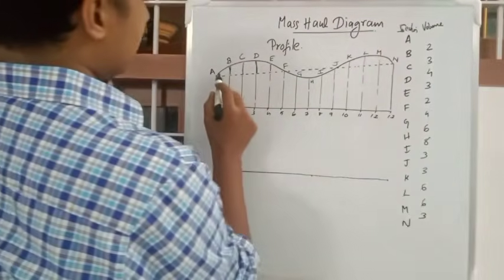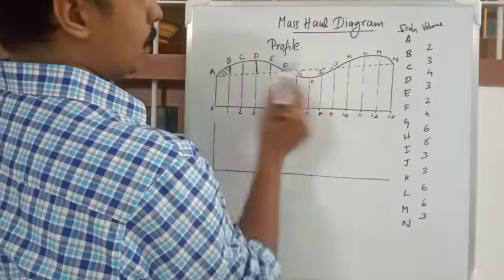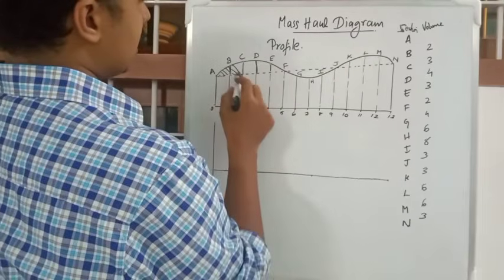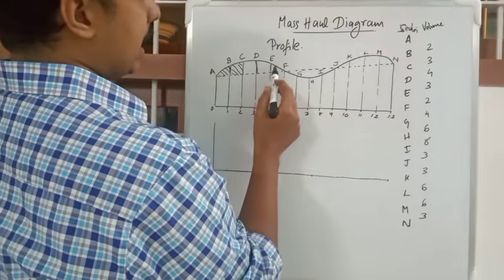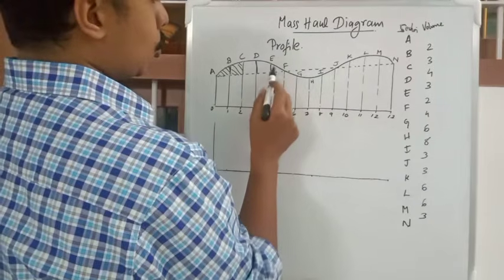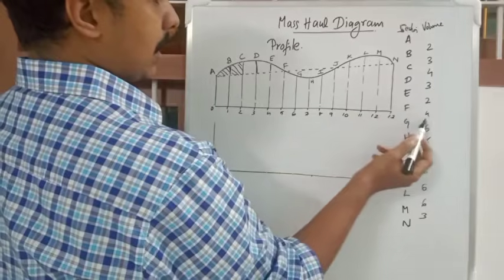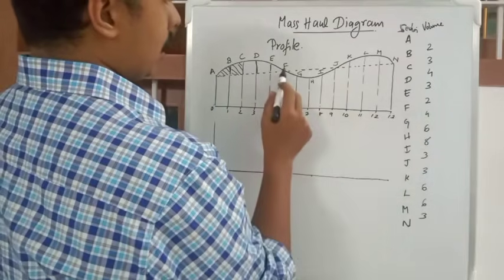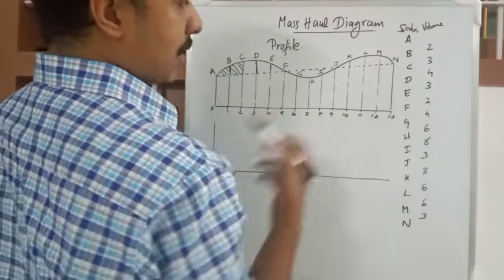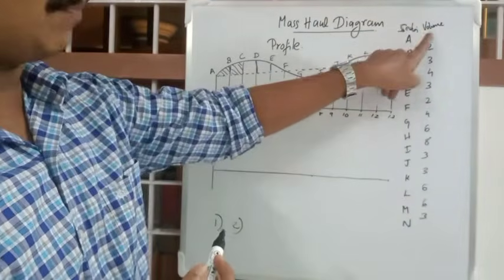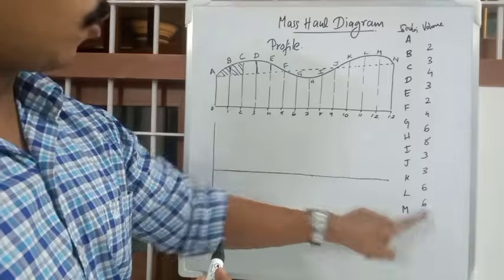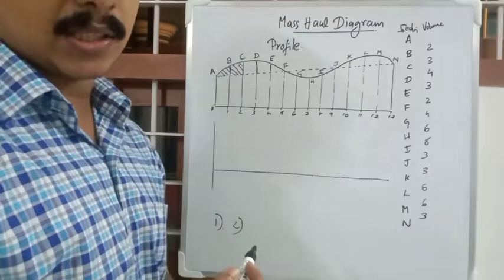For A to B, the volume is assumed to be 2, this one 3, this one 4, 3, E to F 2, F to G 4, G to H 6, etc. So as the second step, I have calculated all the volumes between the sections.